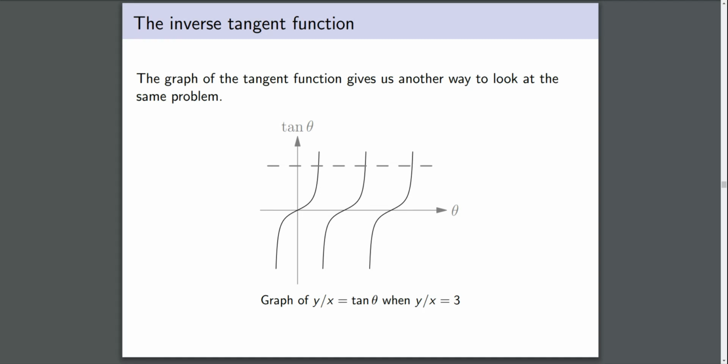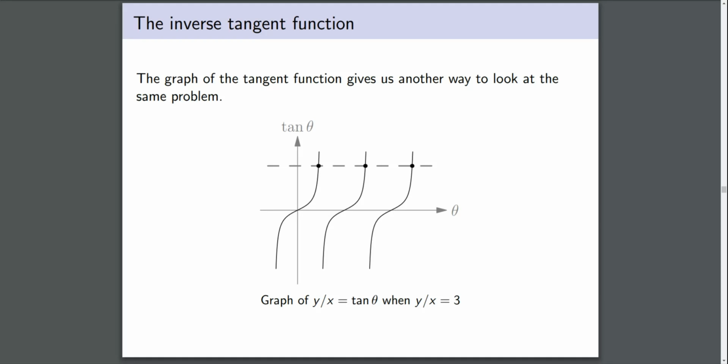And then that would give us this horizontal line on the graph. The solutions that we're looking for are points where the line crosses our curve for tangent theta. And we see there are, in fact, multiple solutions. And more than that, there are two solutions between 0 and 2 pi. So two fundamentally different solutions to this equation.